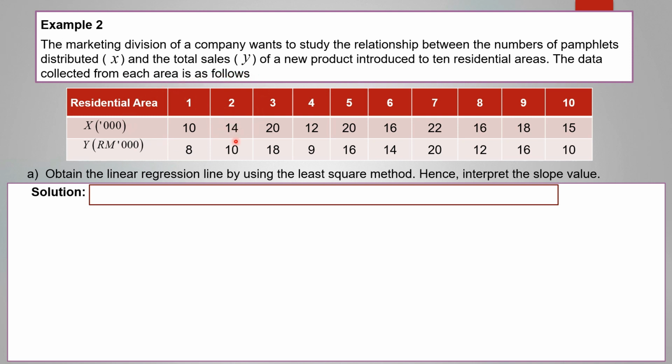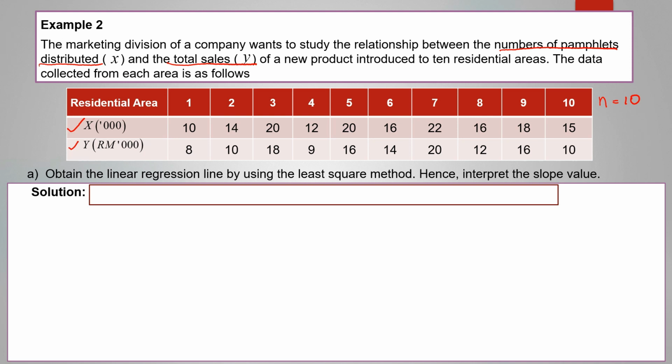From the data, we know that N equals 10. The X variable is the number of pamphlets distributed, and the Y variable is the total sales. That is the most important thing you should know: which one is your X, and which one is your Y.